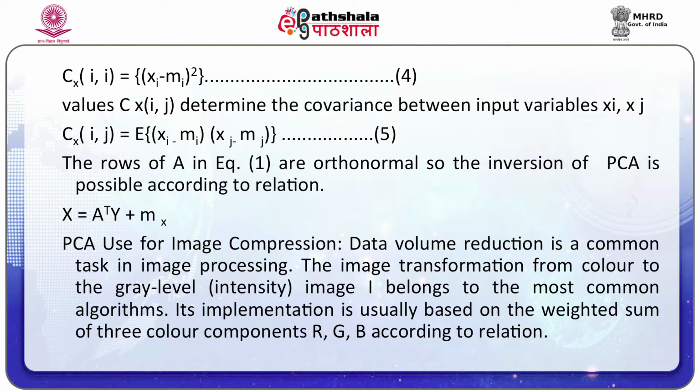As the vector of input variables is n-dimensional, it is obvious that the size of Cx is n by n. The elements Cx_ii lying in its main diagonal are the variances: Cx_ii is equal to E{(xi minus mi)^2}. The value Cx_ij determines the covariance between input variables xi and xj: Cx_ij is equal to E{(xi minus mi)(xj minus mj)}.